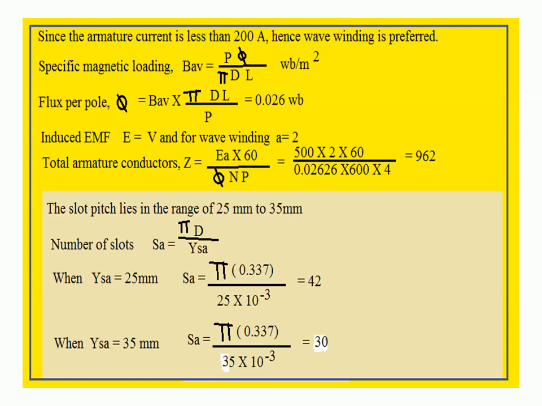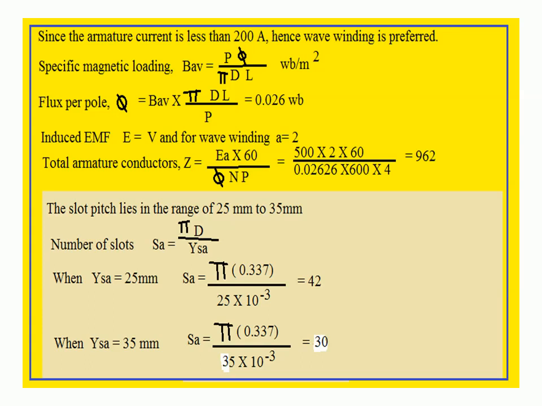Then we estimate induced EMF. Induced EMF E equals the voltage of the system in motors. For wave winding, the number of parallel paths equals 2. By using this induced EMF expression, calculate the total number of armature conductors. It is around 962.